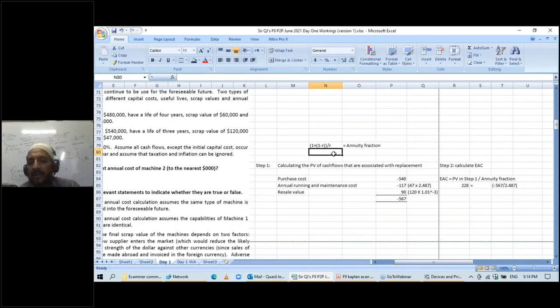In place of r, put 0.1, and we'll get 2.487. So 2.487 comes from this fraction.